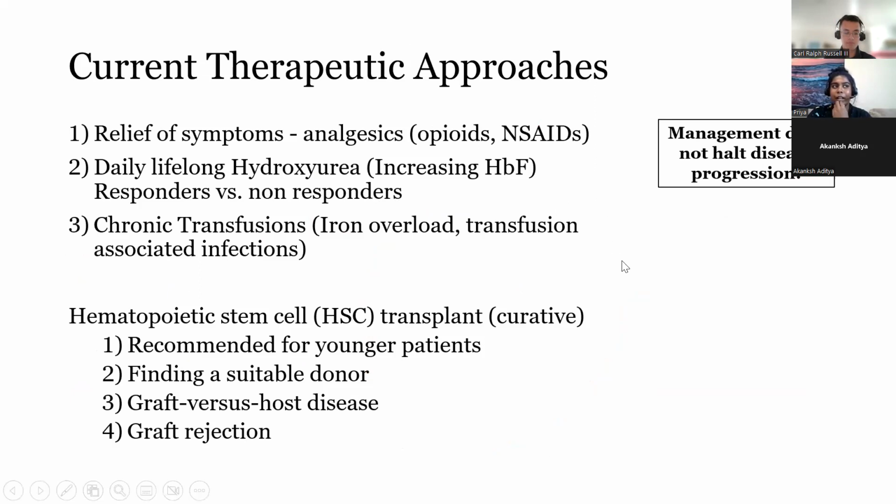And management is not really the final step, because management doesn't halt the progression of the disease itself. And so really the only curative treatment that we have right now is stem cell transplant. But even with stem cell transplant, it's not applicable for all patients.